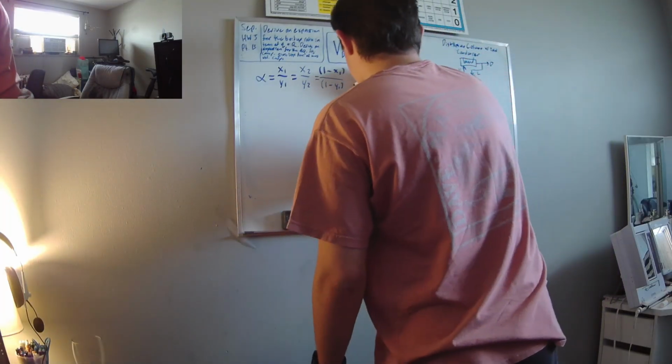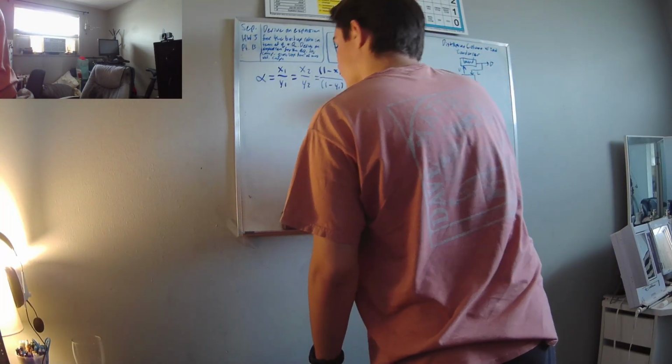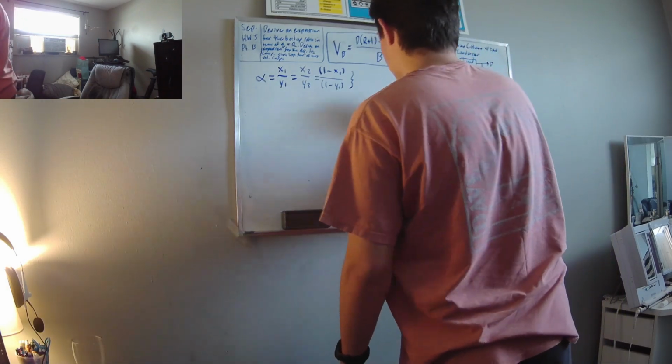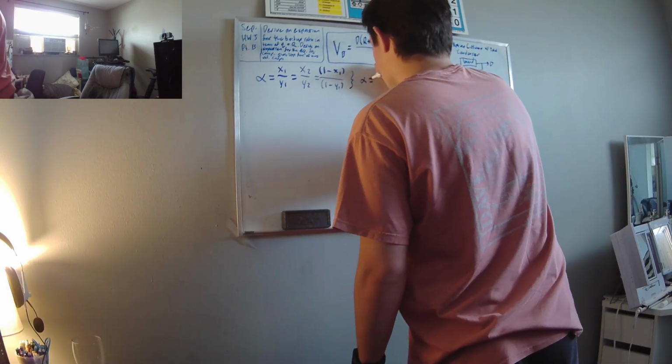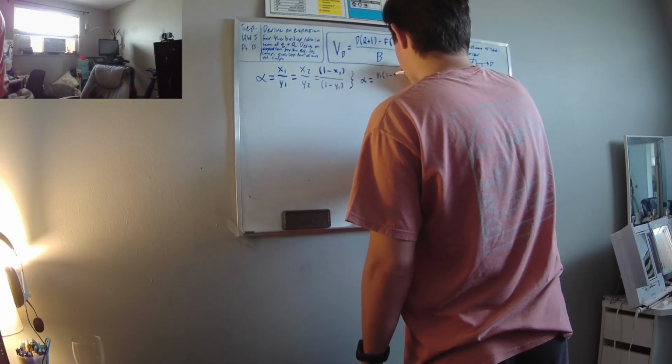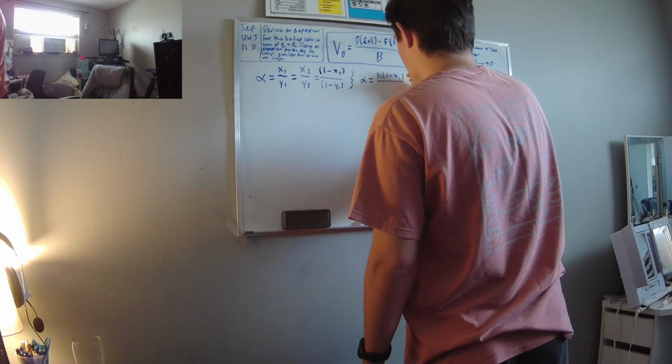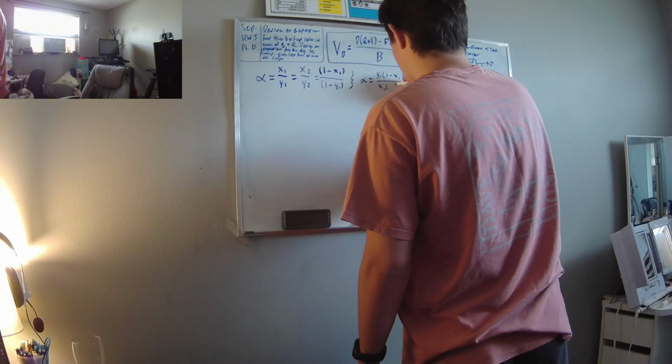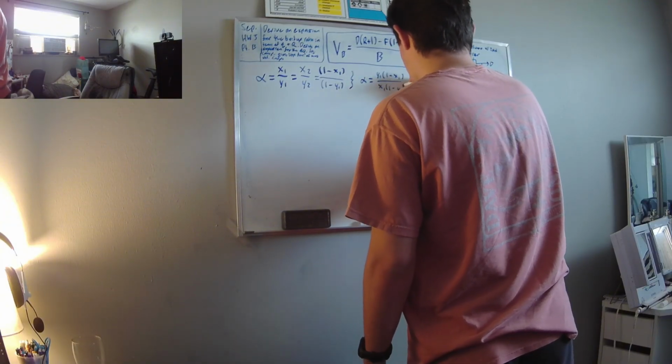So rearranging this to get our two common values here, our x1 and our y1, we can say that alpha is going to equal y1 times 1 minus x1 over x1 times 1 minus y1.